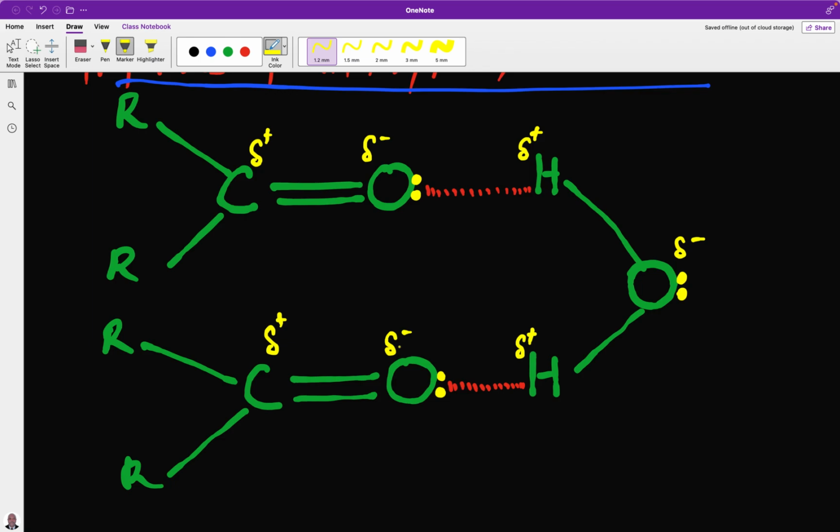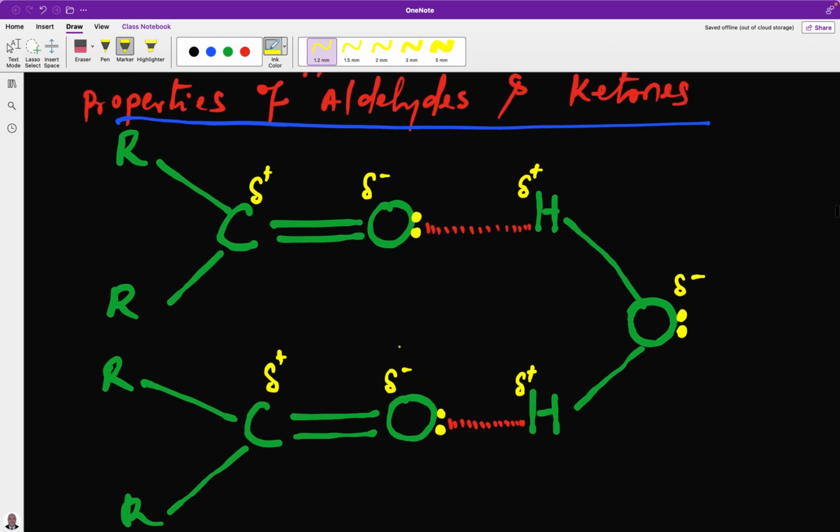So if you look at this critically, this is what the polarity of the carbon-oxygen bond in the carbonyl compound can cause.